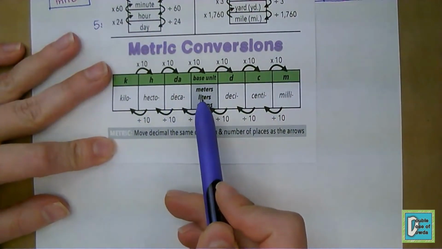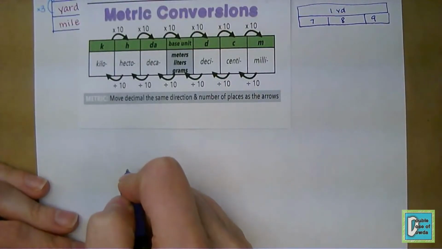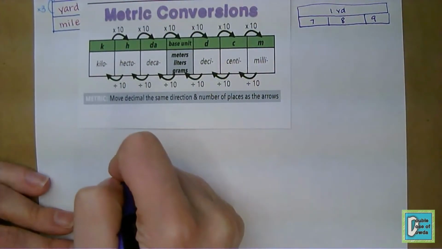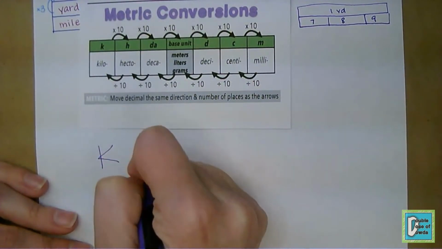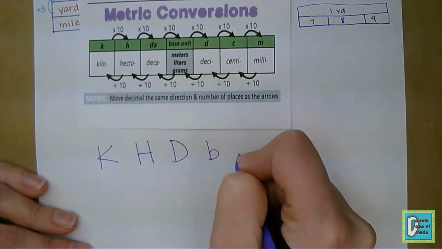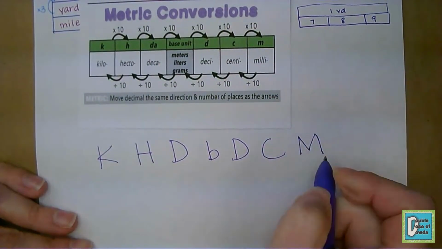To remember the prefixes for metric conversions, I teach students a silly phrase, and I know lots of people have their own silly phrases that they do. But for me, I teach students: kangaroos have dandruff, but don't care much.